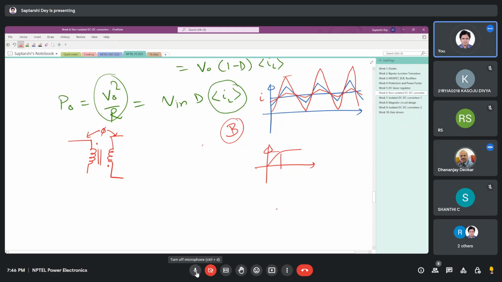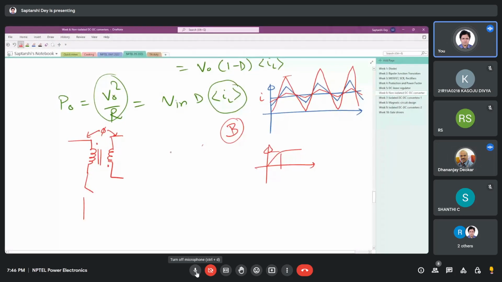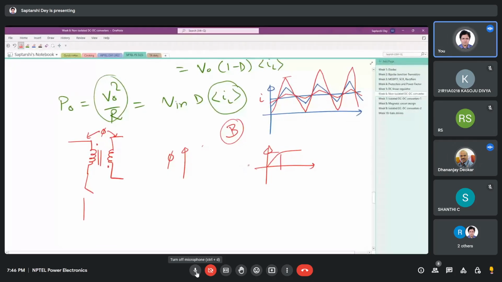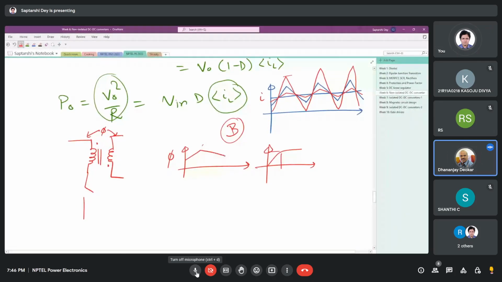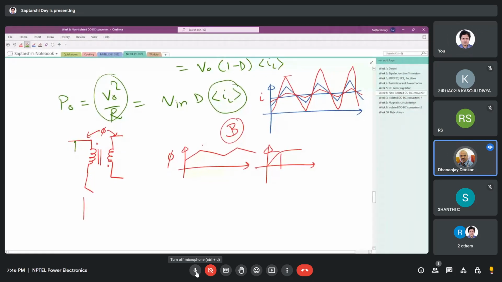I think so. Actually, there are two ways of explaining the flyback converter. One way that I like is using the flux, because that gives you the practical scenario of what is actually happening. Another way that is similar is to use the equivalent circuit of the transformer.